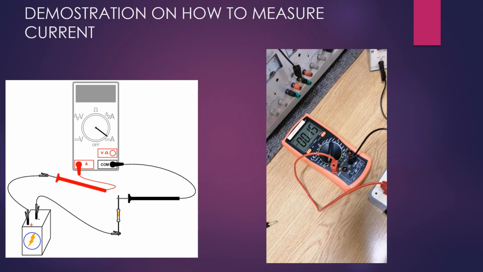So we can actually use our milliamps terminal to measure the current and get a more accurate current value. So in the next slide I will demonstrate how to measure current using the milliamps terminal of your multimeter.